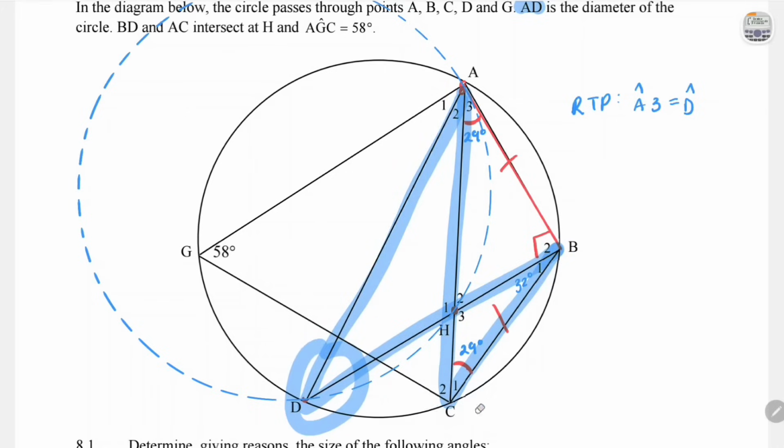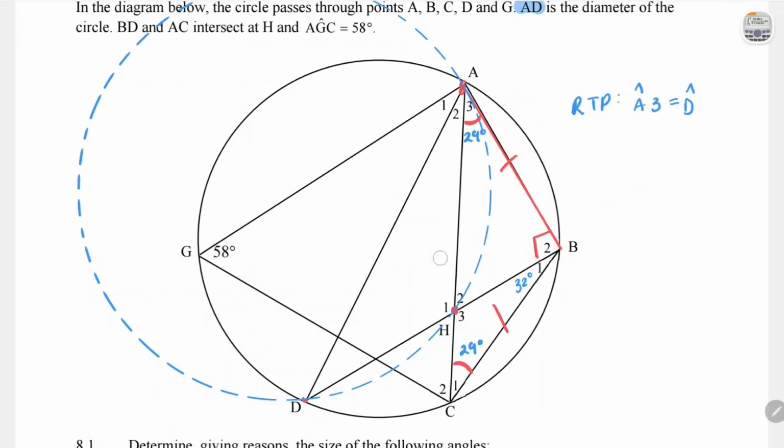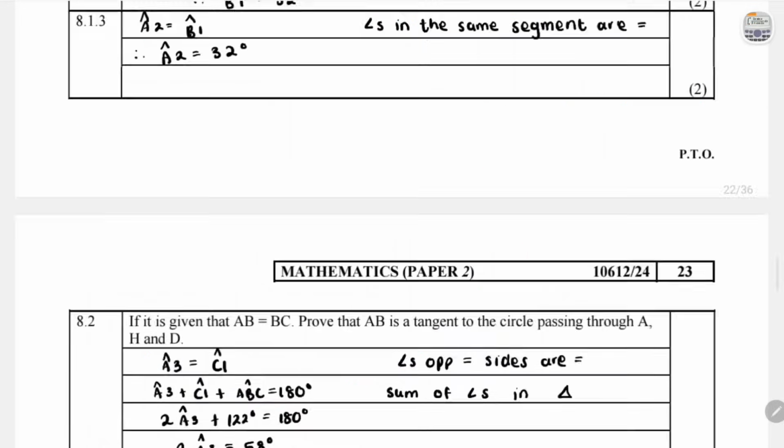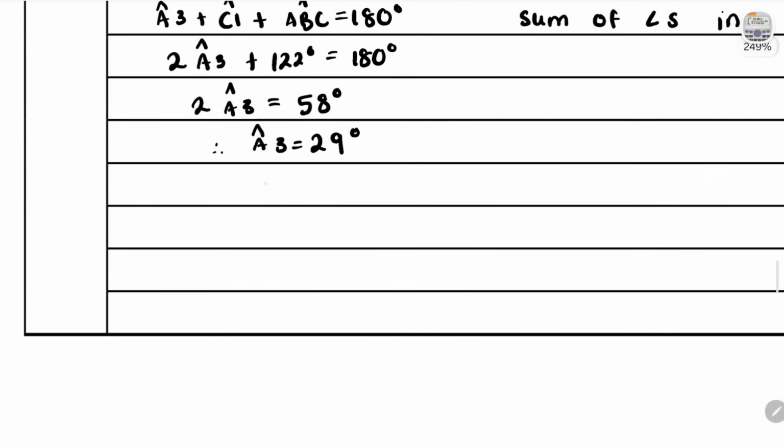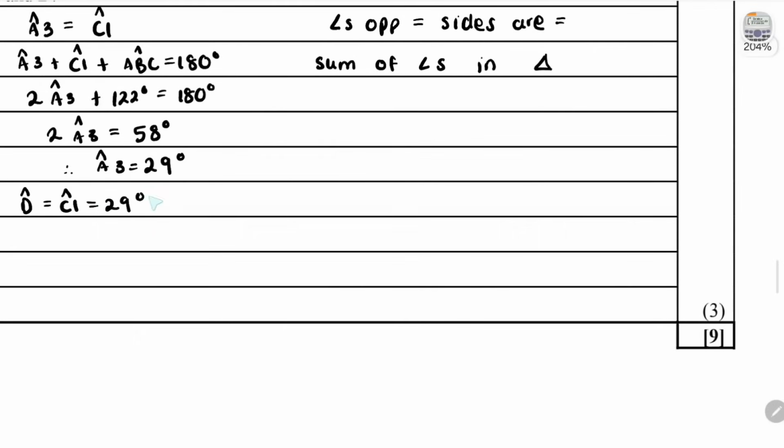So they will be exactly the same. So that's also equal to 29 degrees. So we can just tell them angle D is equal to angle C1. So angle D equals angle C1, which is 29 degrees. And this is specifically because of angles in the same segment.